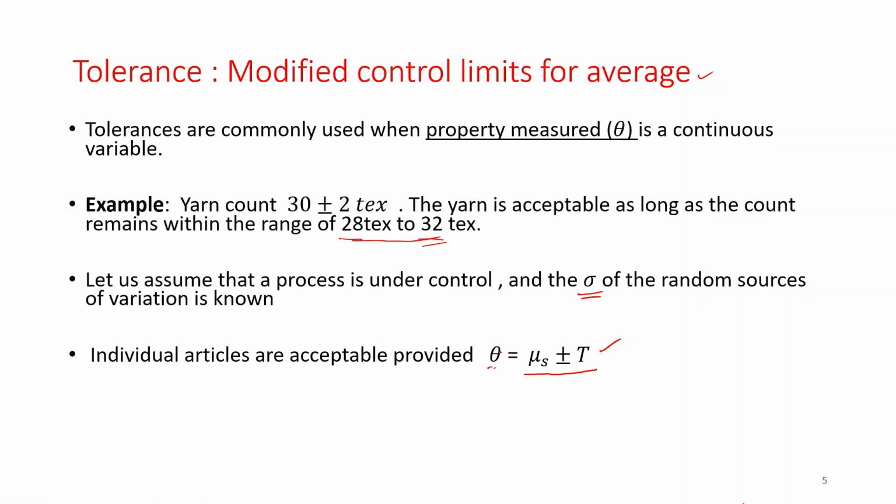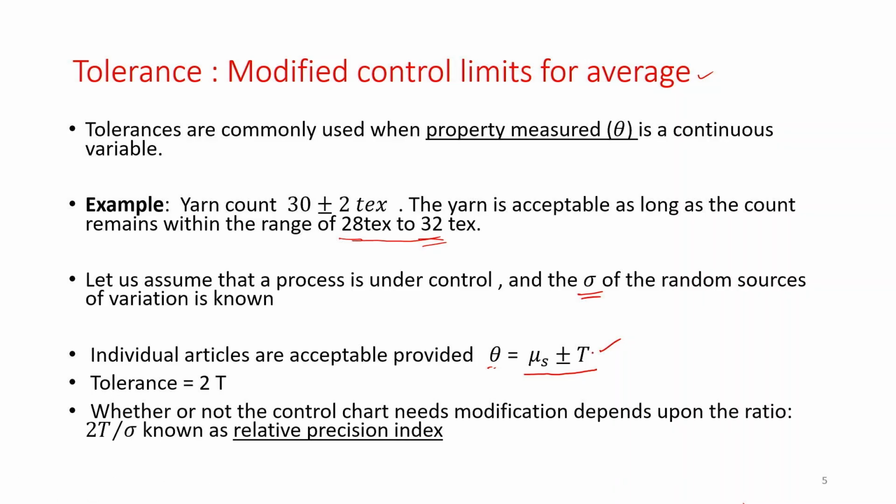Theta is the property in which we are interested. It could be count of yarn, it could be tex value, it could be the strength of yarn, it could be the GSM of a fabric, it could be the length of a fabric roll, whatever it is. And mu s is the mean, and plus minus t indicates the absolute value tolerance. So the tolerance therefore becomes plus minus t, so the total is 2t.